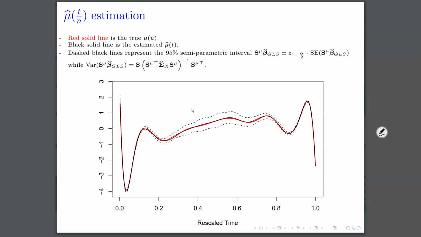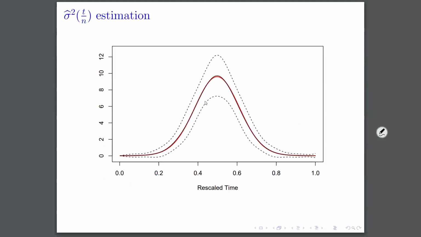And we run the entire algorithm on this generated data set. This dashed line here is the 95% semi-parametric interval for our estimation. And you can see the bound is actually very close. We have a good fitting performance using this generalized least square framework. And this is the estimation of the sigma square hat.